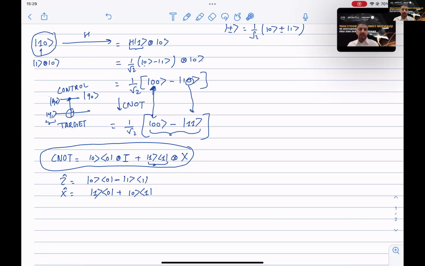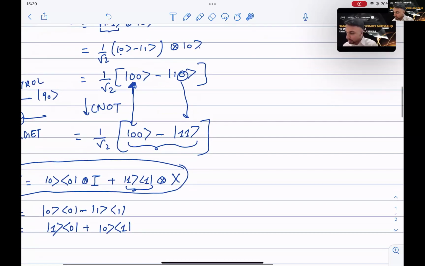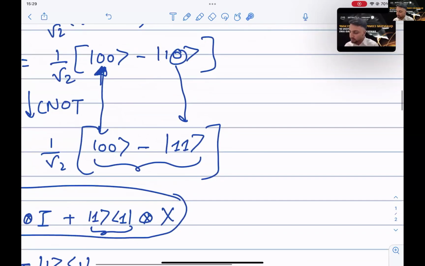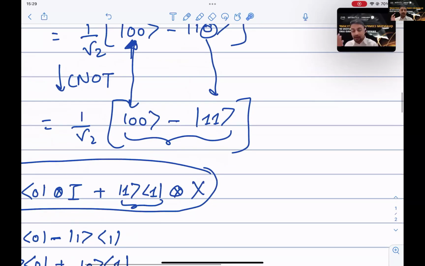But the second idea that should also be mentioned is that these two qubits are actually something called entangled. What does that mean? That means that if you look at the result, I can close my eyes and, if I only know the state of the first qubit, I know that the second qubit is also in the same state, 0.